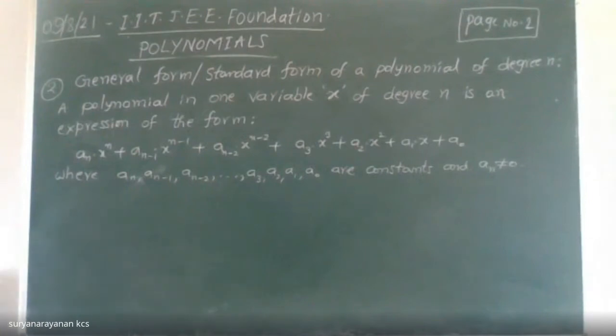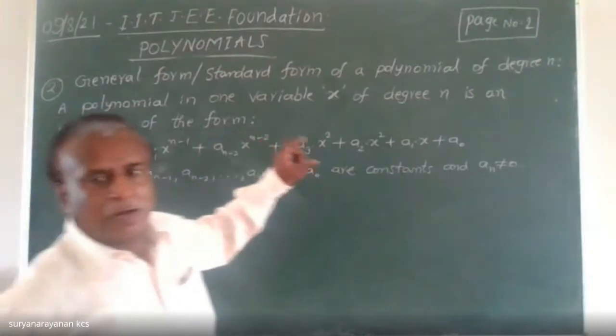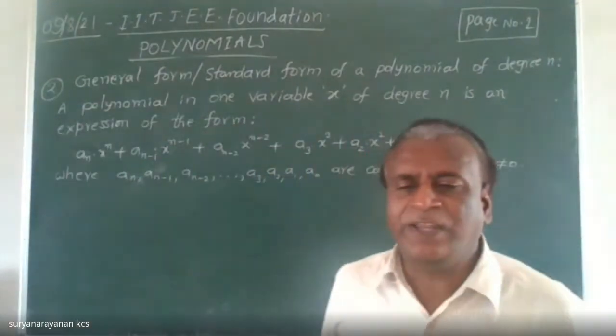This is called standard form or general form of a polynomial of degree n.